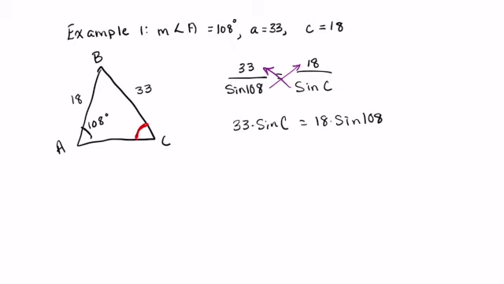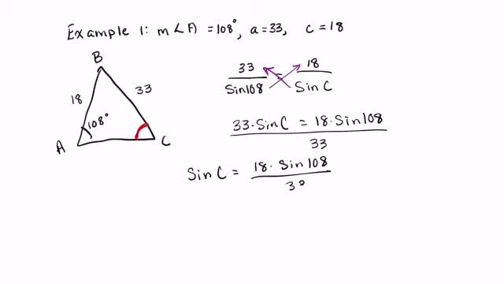Then I'm going to divide everything by 33, so sine C equals 18 times the sine of 108 over 33. The way that we solve for C here is I take the inverse sine of both sides. Once I plug that into my calculator, we wind up getting the measurement of angle C, which is 31.2 degrees.